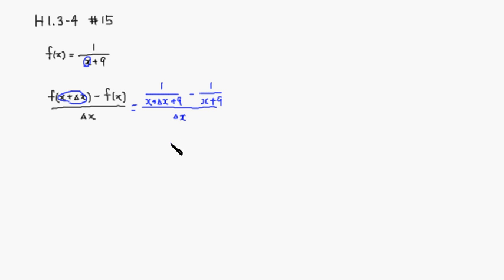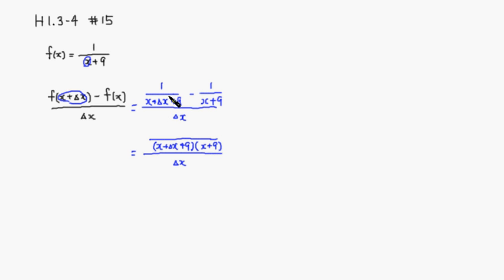What we want to do is combine these two terms on top by taking the common denominator, because those are two fractions. The easiest way to get the common denominator is to multiply the denominators together, so it's quantity x plus delta x plus 9 times quantity x plus 9.